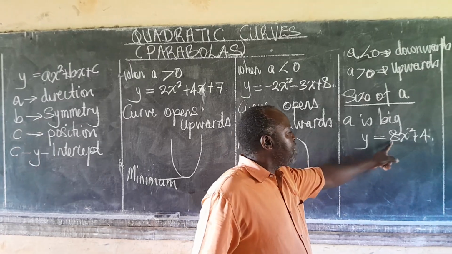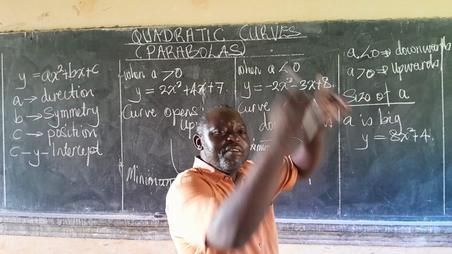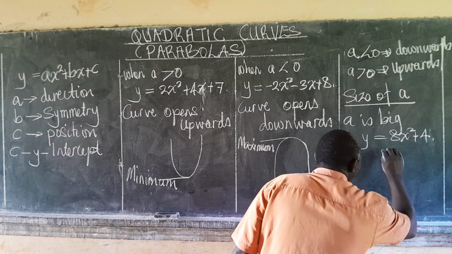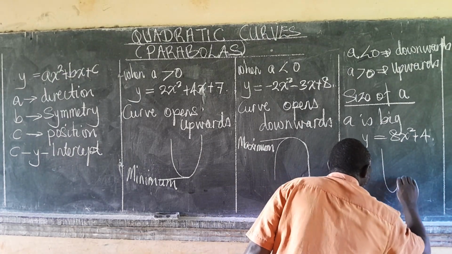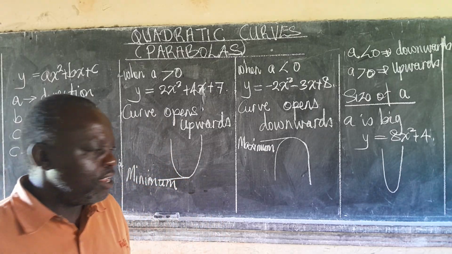When it is very big, this means that the curve is going to be very steep. The curve is very steep like that. That is when A is very big.